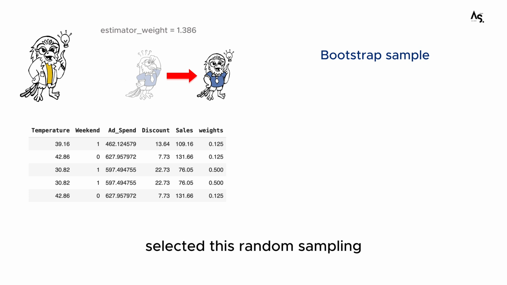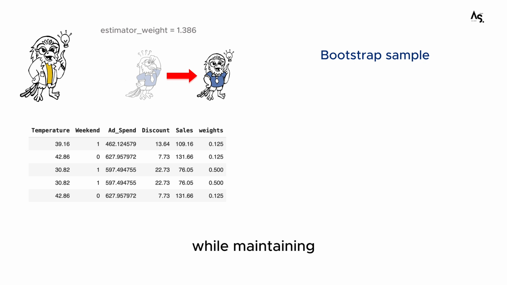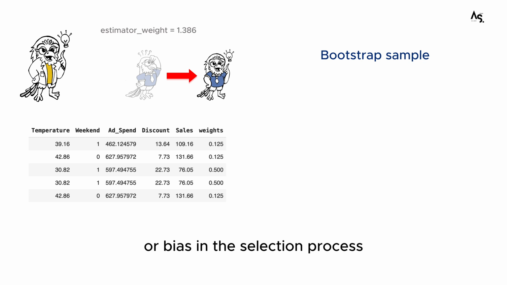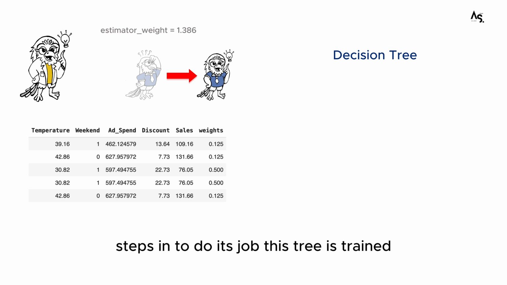This random sampling with weighted probabilities is what makes AdaBoost so adaptive. It ensures the algorithm gives more focus to difficult samples while maintaining the randomness needed to prevent overfitting or bias in the selection process. Once the new sample dataset is prepared, the junior detective, our next decision tree, steps in to do its job.